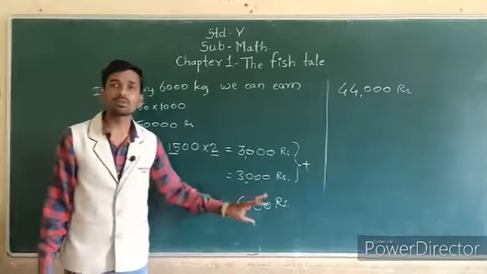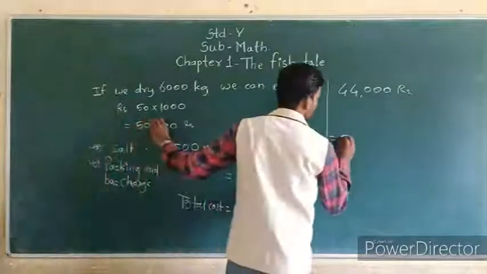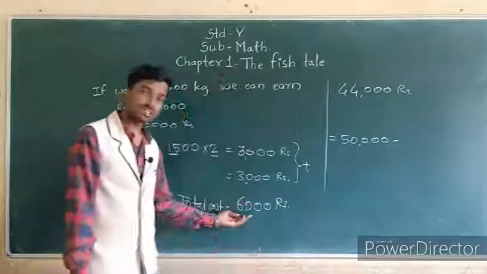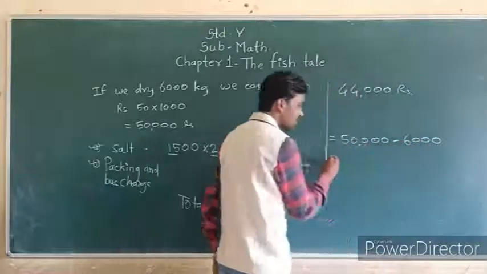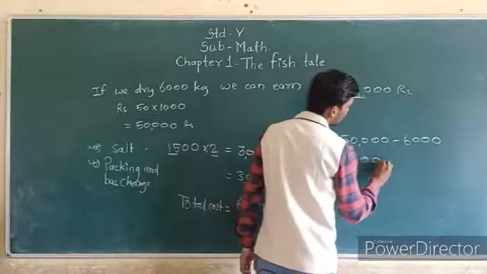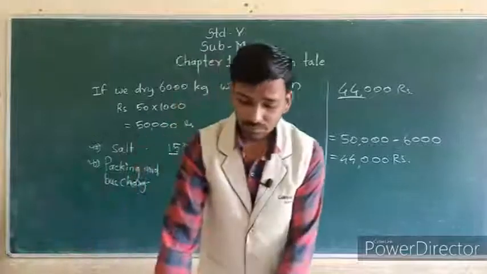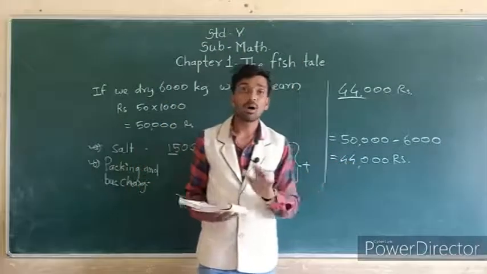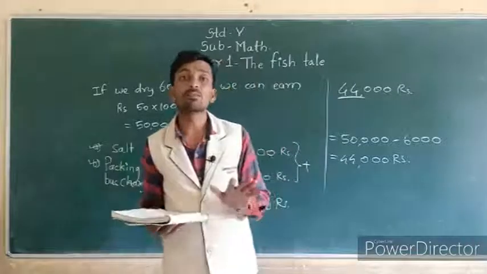So in that 50,000, when we subtract this 6,000, we will get 44,000 rupees. This means these women can earn 44,000 rupees monthly.